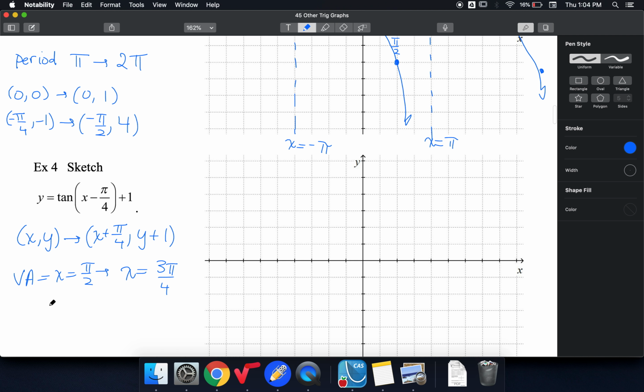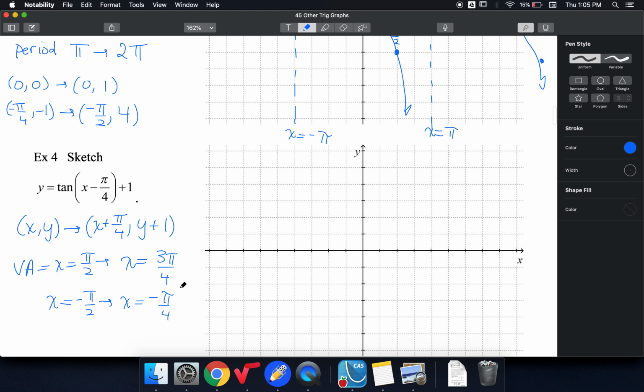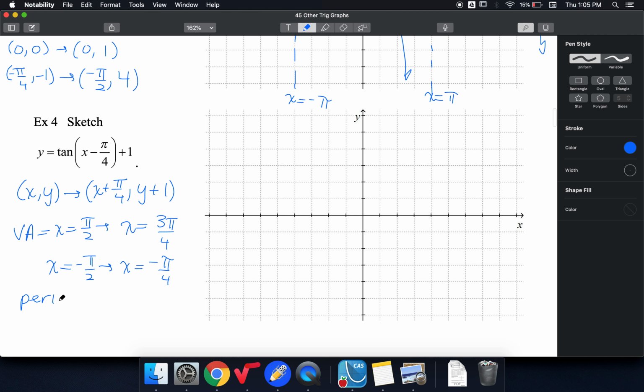I'm going to think about the left one as well. Negative pi over 2. When I add pi over 4, that's going to give me negative pi over 4. So notice my period is still pi. Adding a phase shift does not change the period.